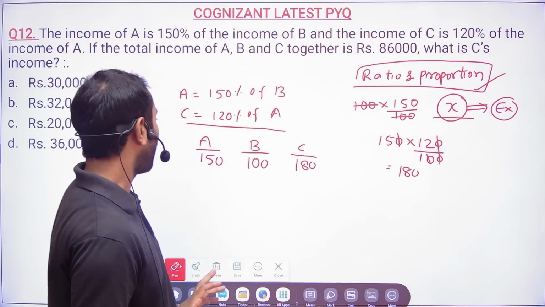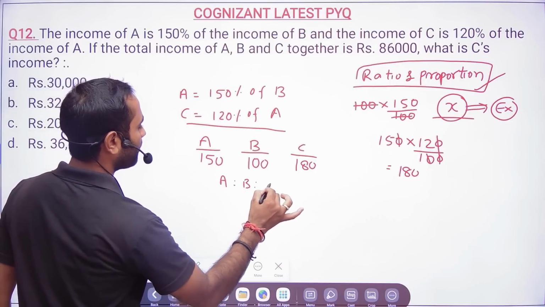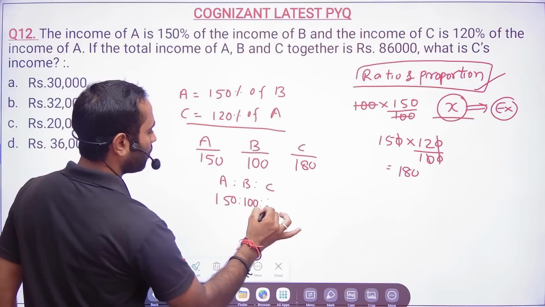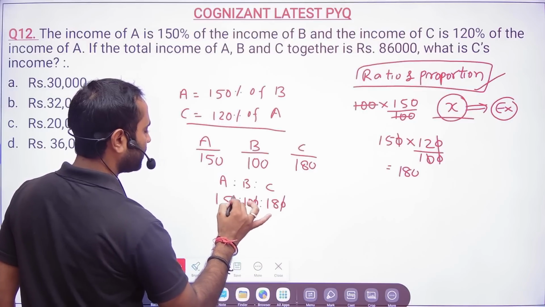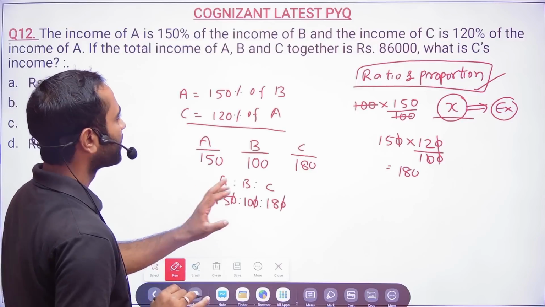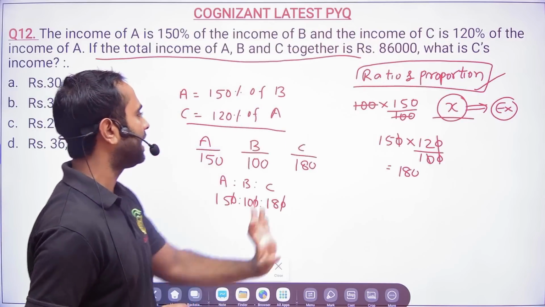Now here A is to B is to C. So what will be the ratio? It will be 150 is to 100 is to 180. Divide by 10, so 15 is to 10 is to 18. Now they are telling us the income of A, B, C together is 86,000.